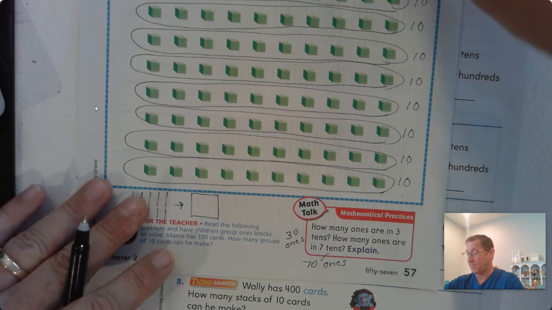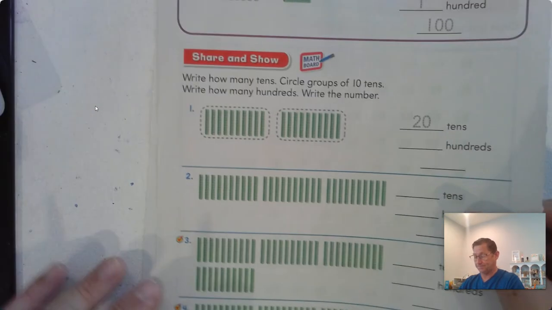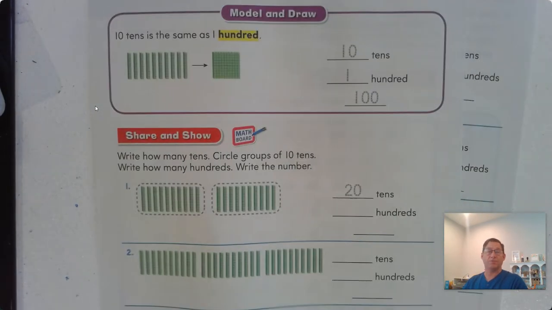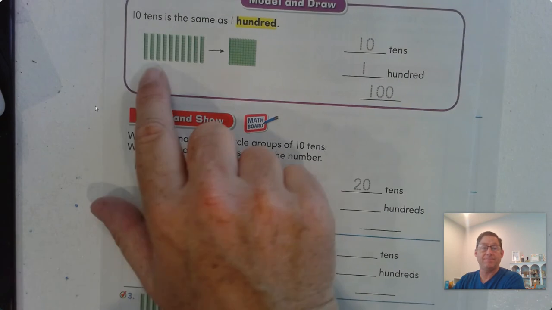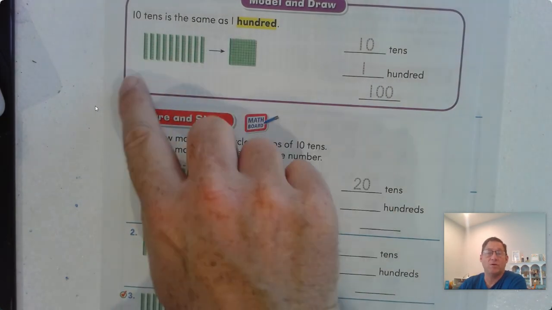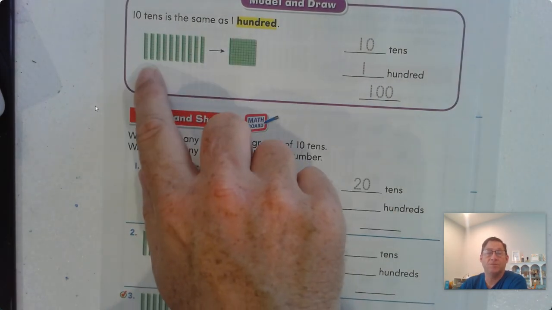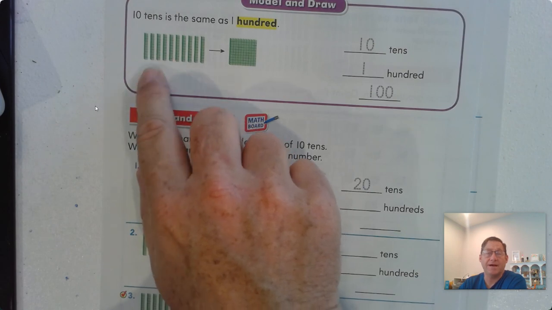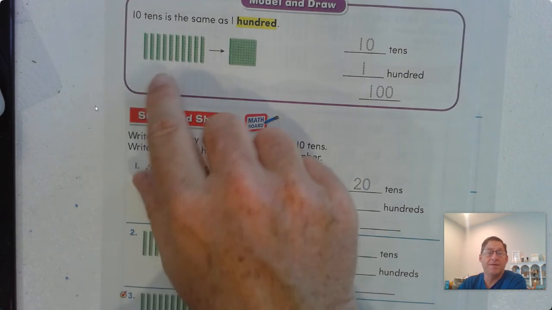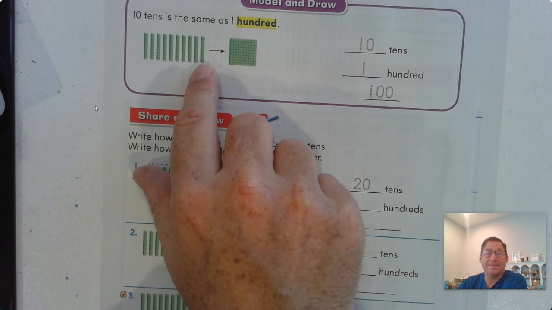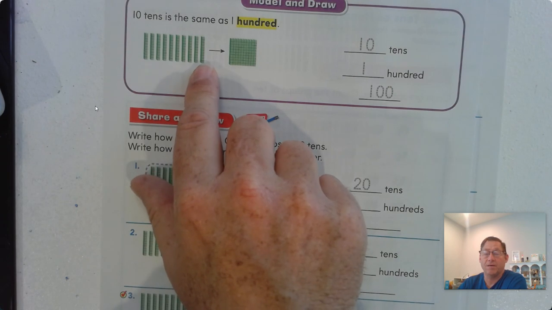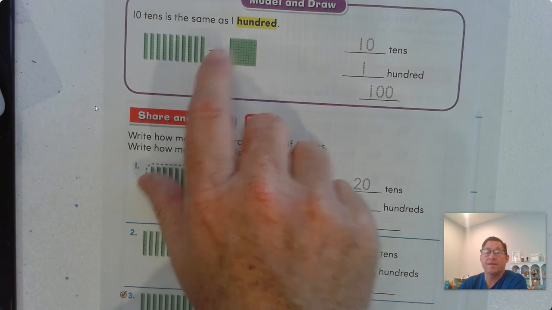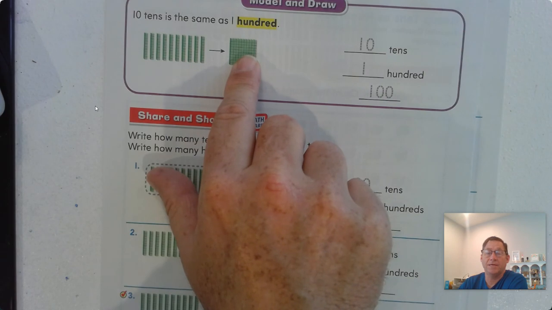All right, let's look at page 58. So basically 10 tens is the same as 100. That's what I drew on the other page. I put 2 stacks of 5, but a row of 10 rods equals 100.